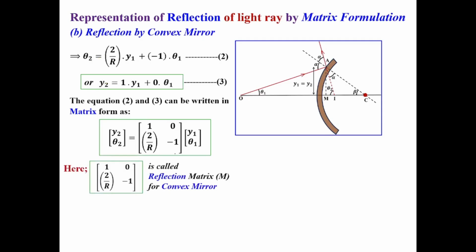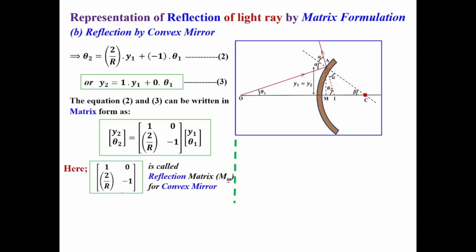Okay, so here this 2 cross 2 matrix is called the reflection matrix from a convex mirror, which is represented by M. When we consider the reflection matrix, it is represented by M with a small m as subscript. Here I have not written it, I'll correct it. So the reflection matrix, for both concave and convex mirror, is represented by M subscript m.